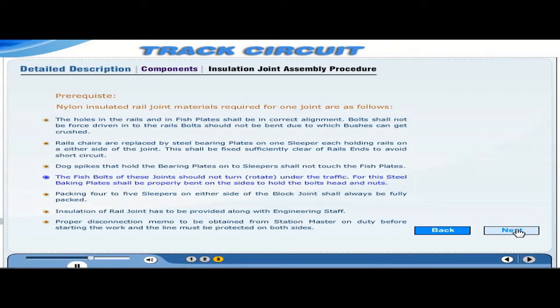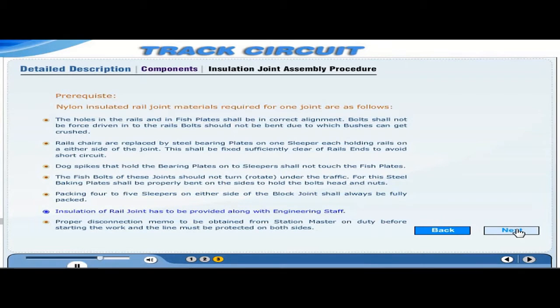The fish bolts of these joints should not turn or rotate under the traffic. For this, steel backing plates shall be properly bent on the sides to hold the bolt heads and nuts. Packing of 4 to 5 sleepers on either side of the block joint shall always be fully packed.